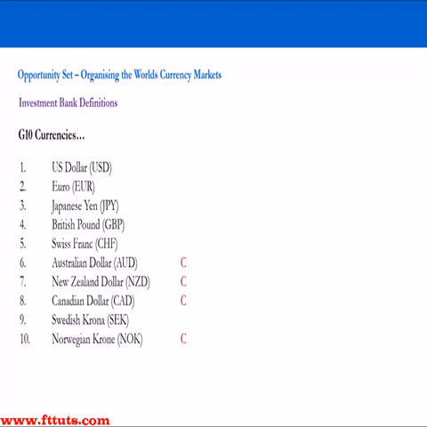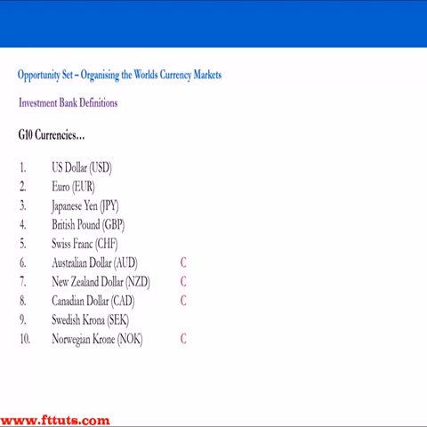The reason why we've marked these up with a letter C next to them is because our objective is to figure out what has the most potential volatility, what has the least potential volatility, and we want to know what these currency values actually depend on.